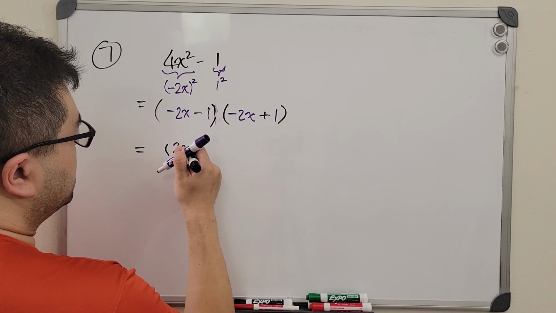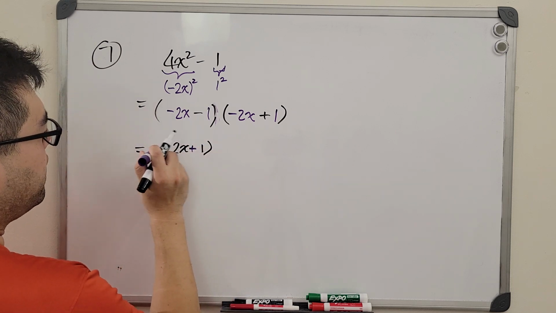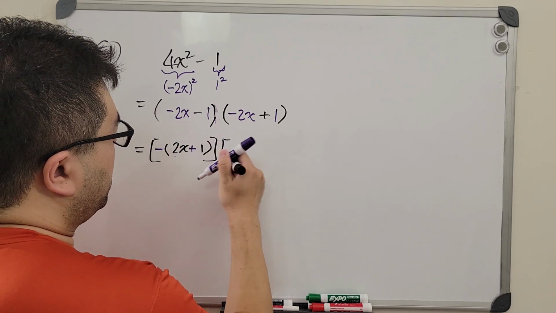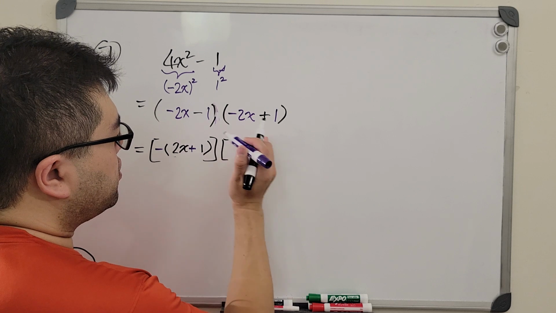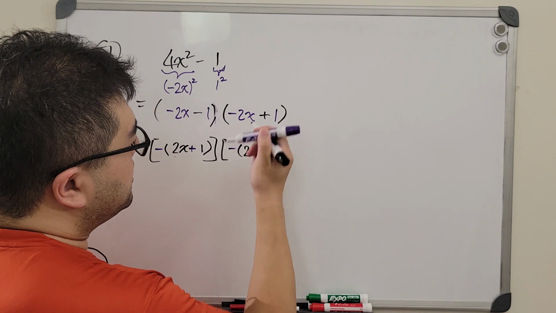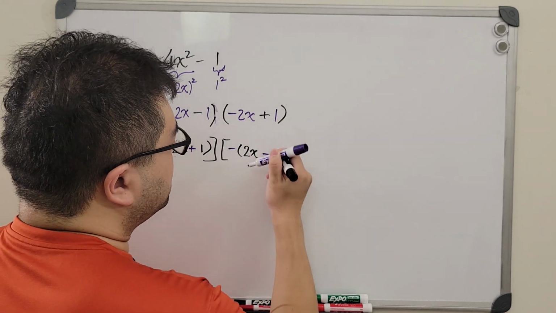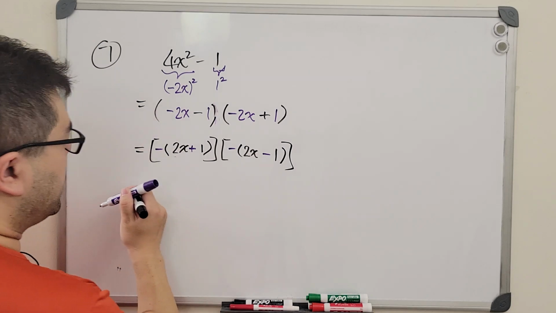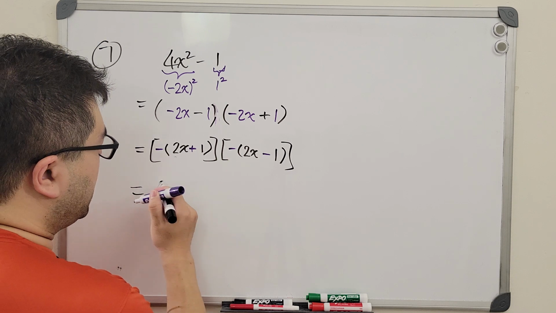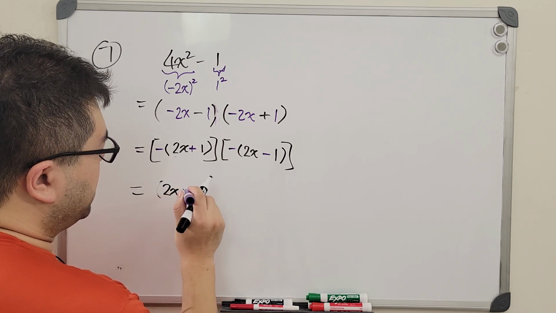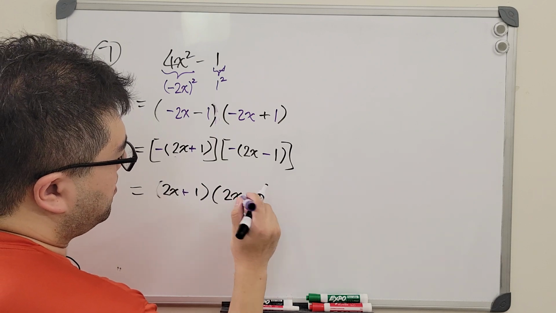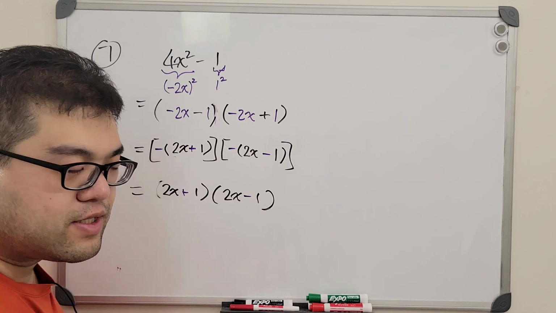Then for the other term, as we factor out the negative, we end up with positive 2x and instead of plus, we change it to minus 1. Then as we multiply these two together, the two negatives cancel out, so our answer turns into what we usually expect, which is 2x plus 1 times 2x minus 1.